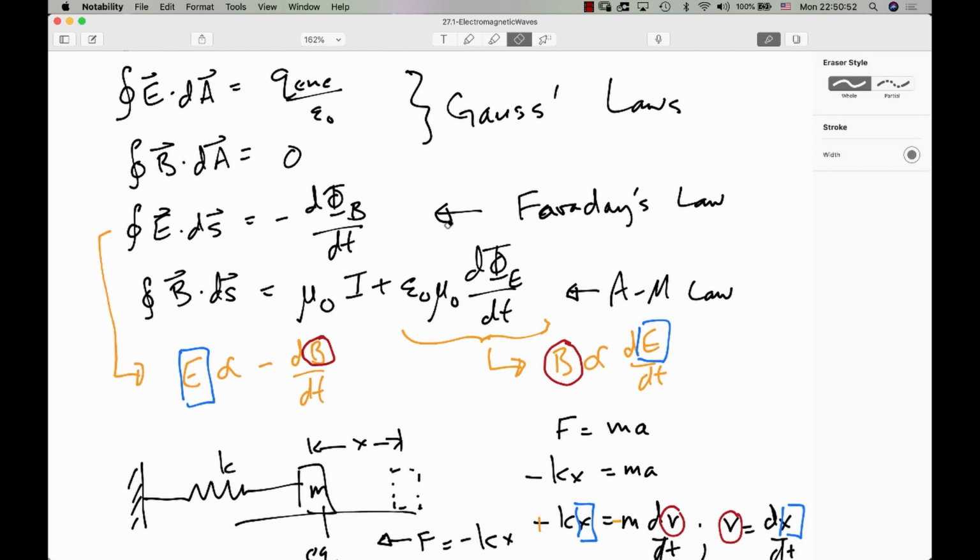All right, so anyway, if we take a look at this, these are laws of nature. If we believe that every observer in the universe should have the same laws of nature, directly popping out of these laws of nature is that the speed of light is 1 over the square root of epsilon naught mu naught.